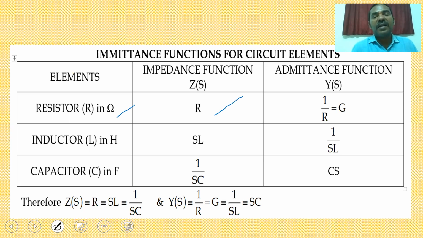So Z of S is R and Y of S is 1 by R, or you can write it as G. Inductance can be represented as Z of S equal to S into L, and for admittance, 1 by Z of S, so 1 by S into L. For capacitance, the impedance is 1 by S into C, and the admittance is C S. So like this, you can get the impedance functions with respect to resistor, inductor and capacitor.